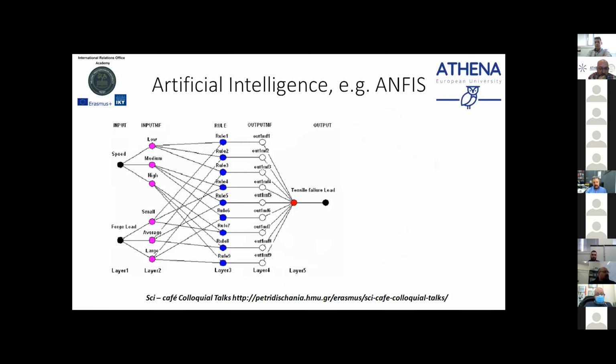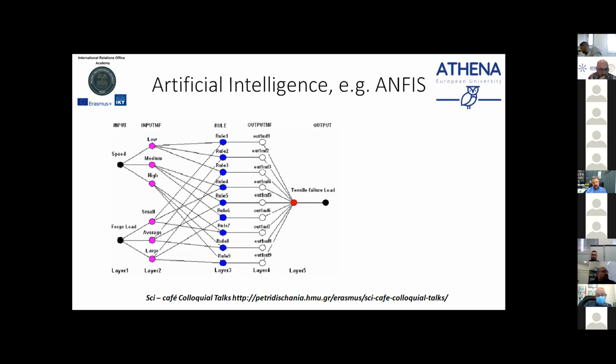What is interesting in our application is also the ability to map techniques based on rules. For example, if we are talking about a fuzzy inference system, we can map on the neural network the rules of the system.